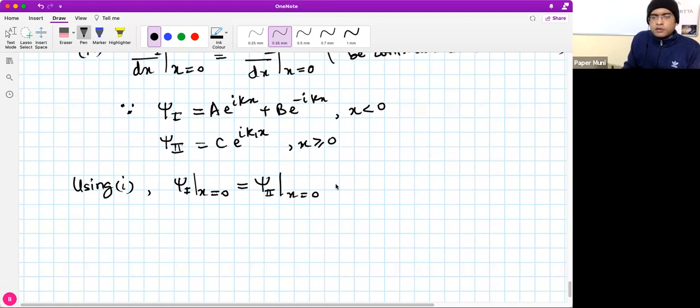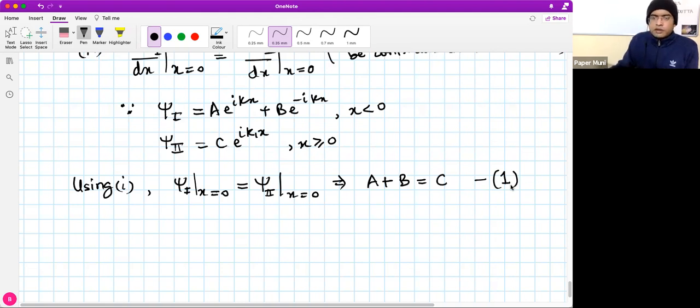If we put x equal to 0 in all of the terms, on the left hand side we'll have a plus b, and on the right hand side we'll have c. Let's label this 1.